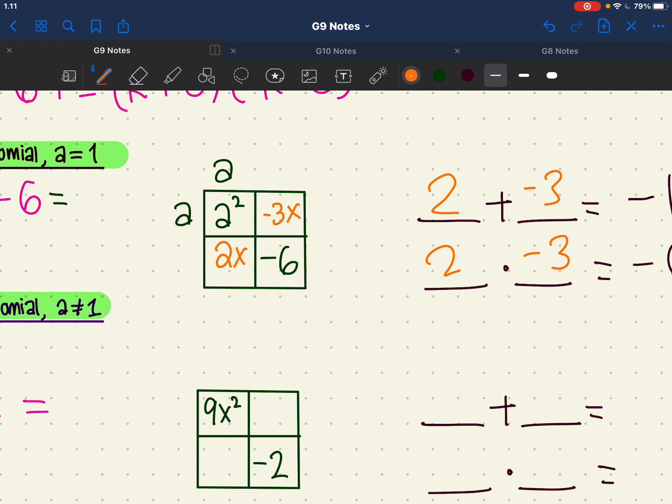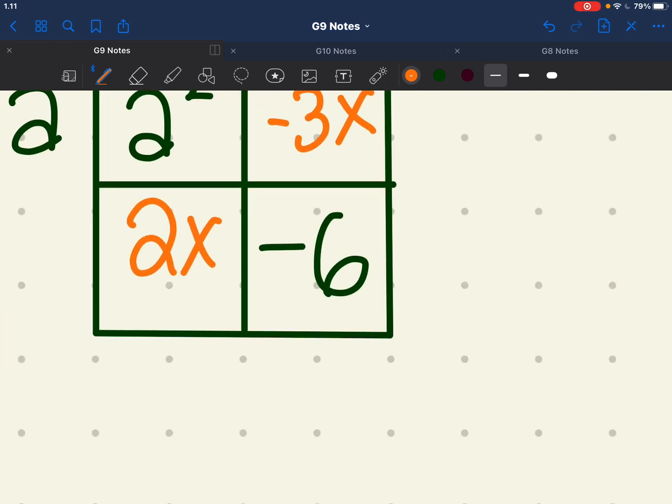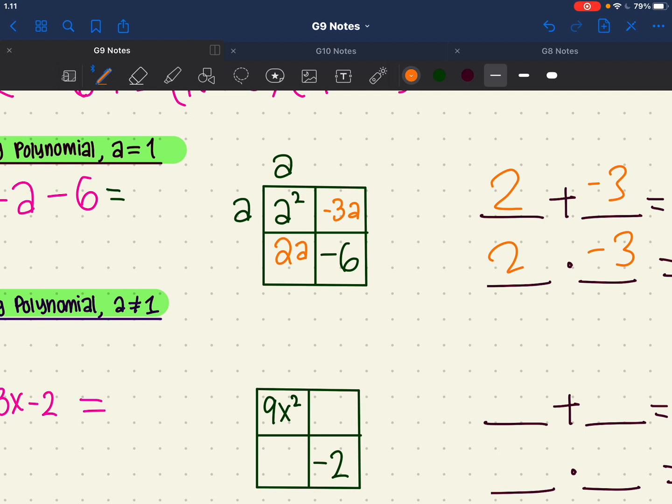So the variable is a. a times negative 3 will give us negative 3a, and positive 2 times a is 2a. And then the final step, 2 times negative 3 is negative 6. And now we have our two factors.